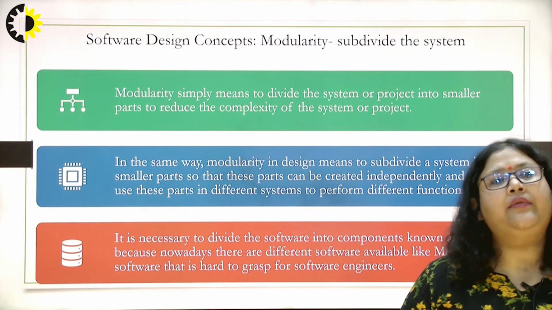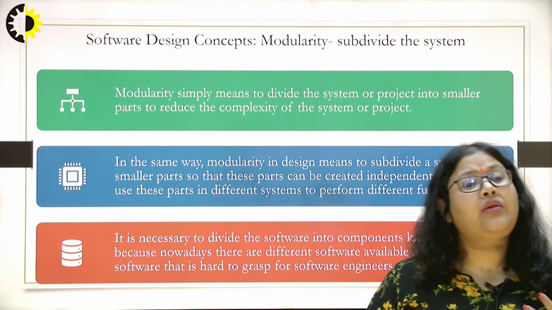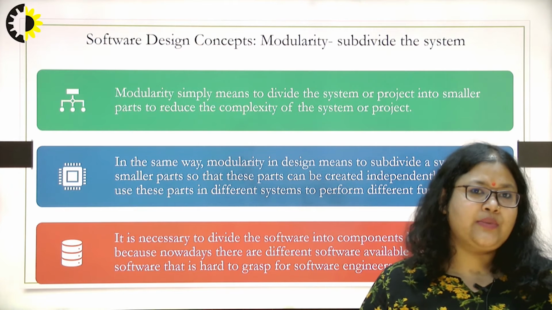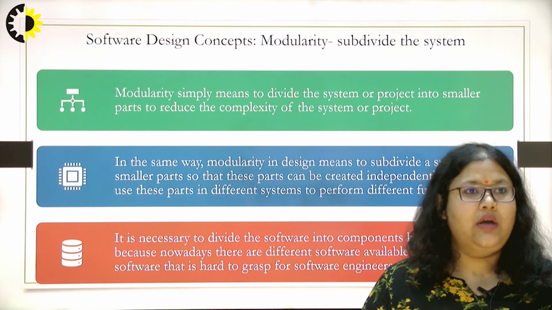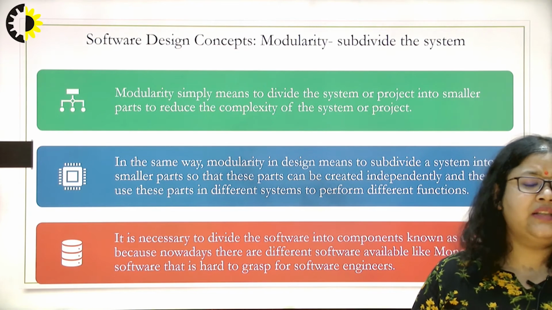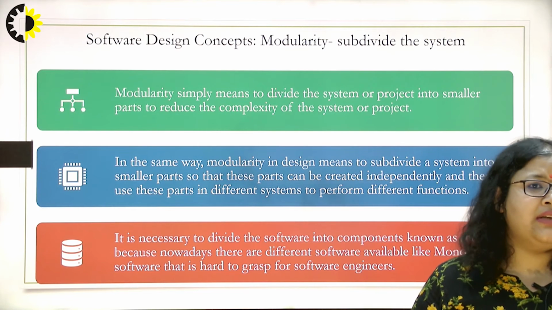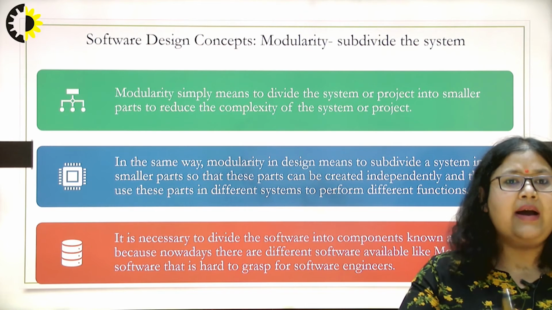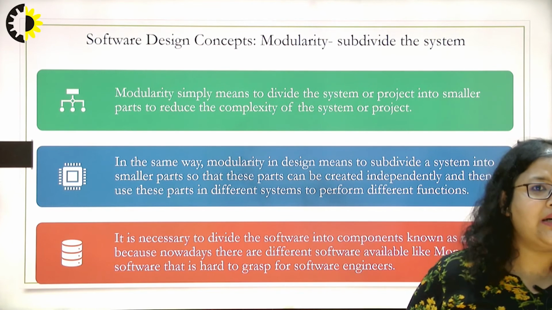The second important factor is modularity. So what does modularity mean? We have to divide the system into a number of small modules. That is the concept of modularity. This is a very important concept in software design and software engineering, because we divide the software into many parts.